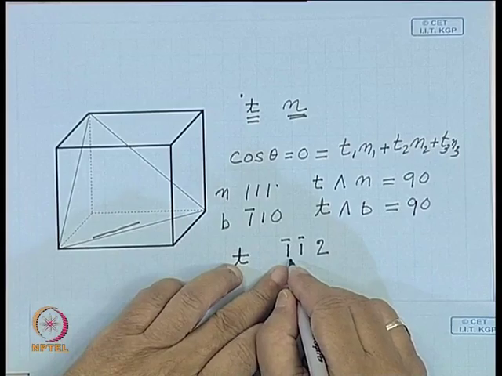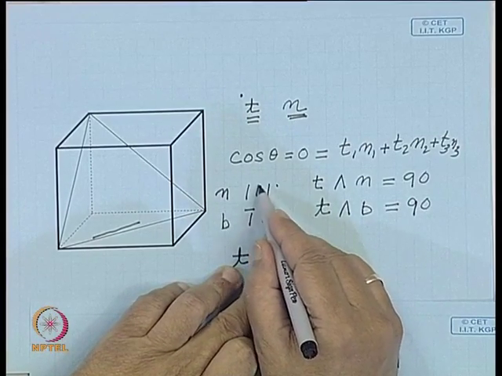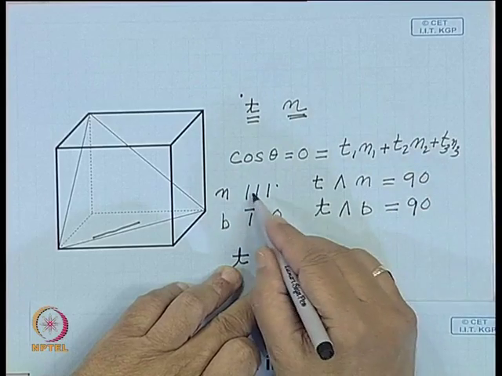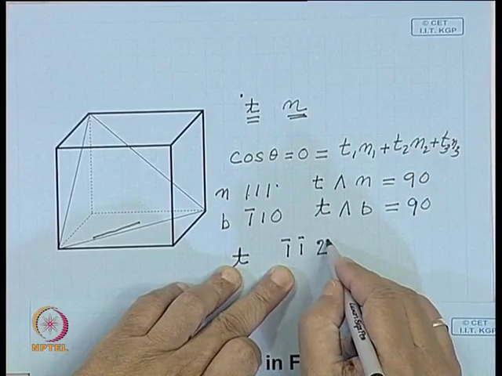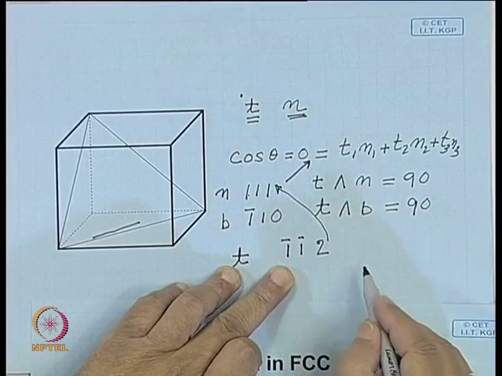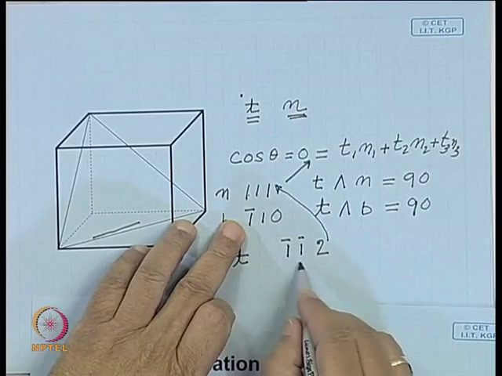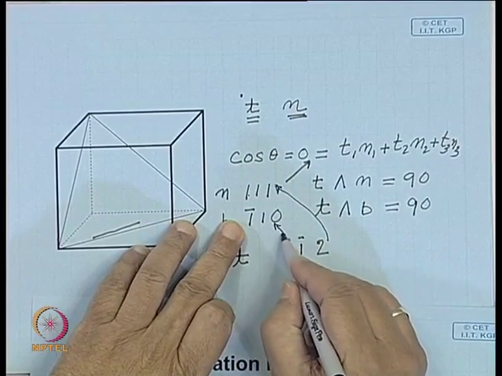Now, if a direction is 1 bar 1 bar 2, here it satisfies this condition. You substitute it here, it satisfies this condition. Now, does it satisfy the same condition here? You check.